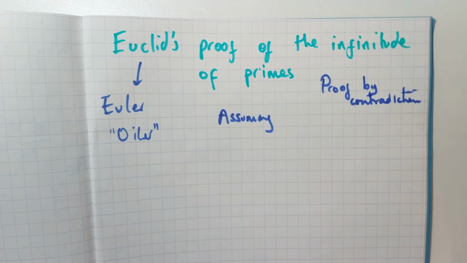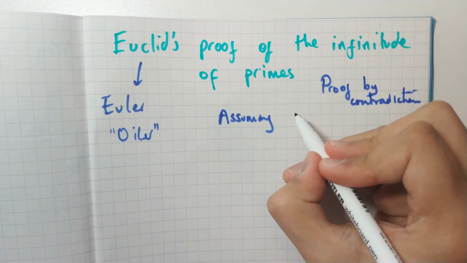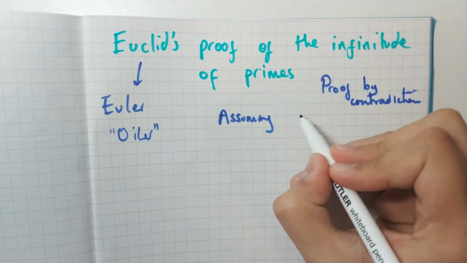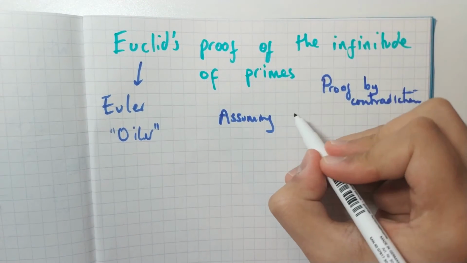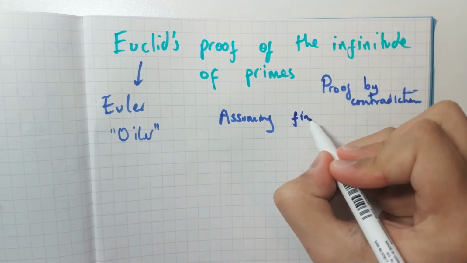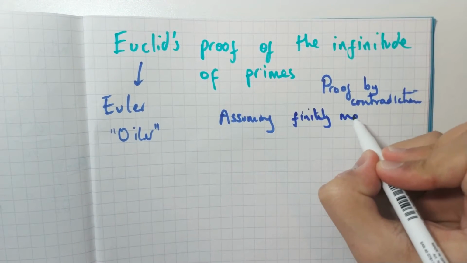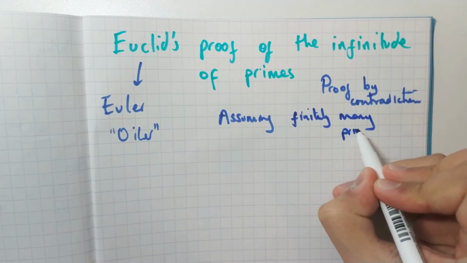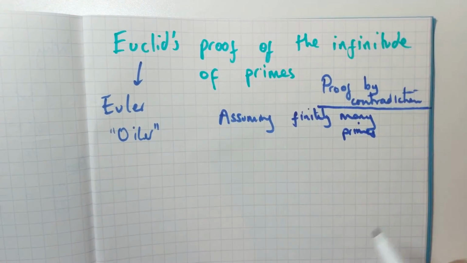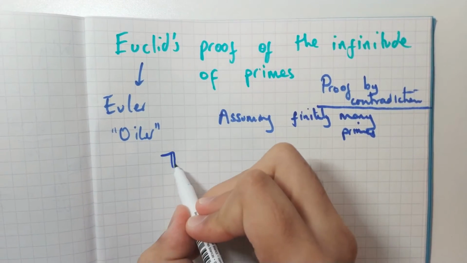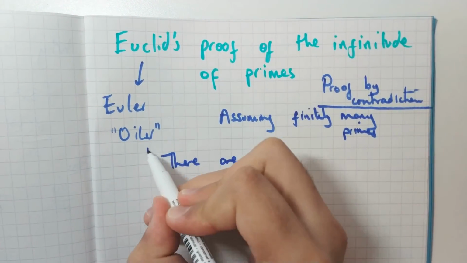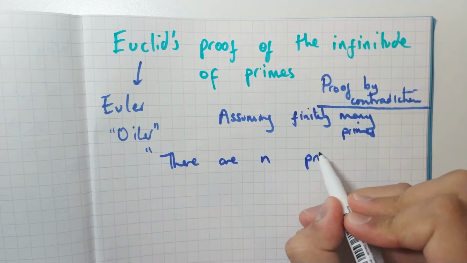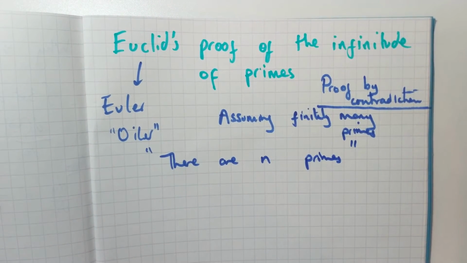We're going to assume that there are only, let's just give a number, n primes. Now n might be 100, it might be 1,000, it might be 10 billion, but we're going to say that there are only n primes, and we're going to work from there.